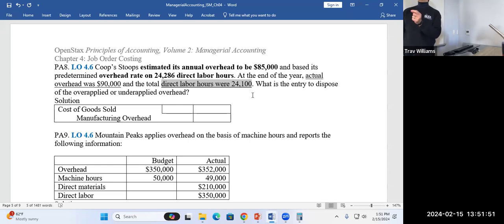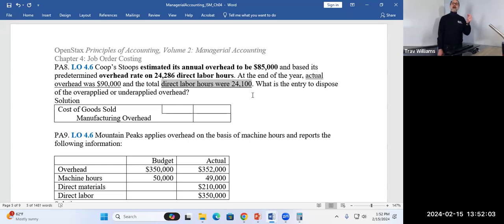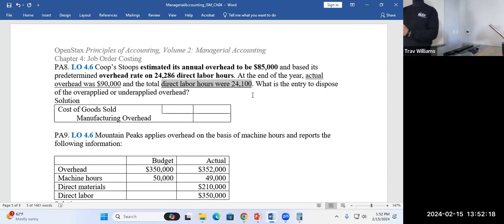And then the rate gets multiplied by the actual hours, right? Not the estimated hours. The rate gets applied to the actual hours. And then you'll know how much they applied, and then you can compare with the actual overhead. Okay, so figure out the rate, figure out how much they would have applied during the year, and then how different that is from the actual overhead. Okay, good luck.